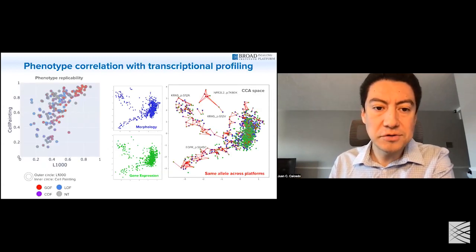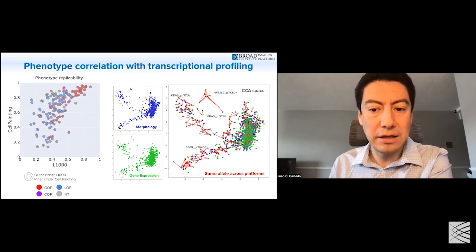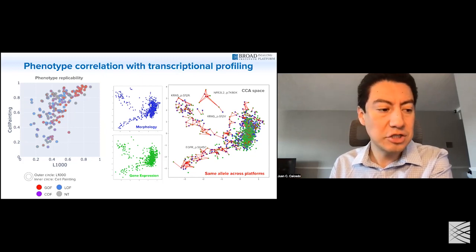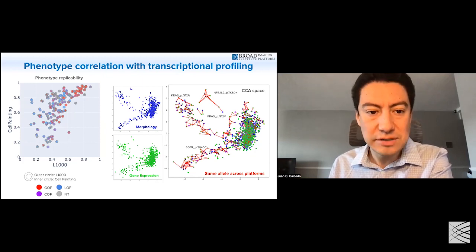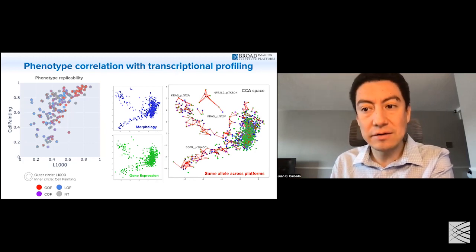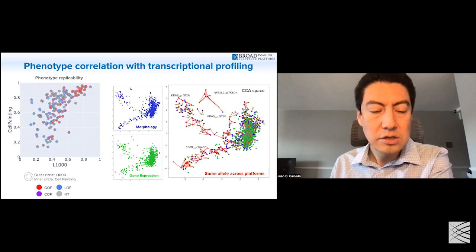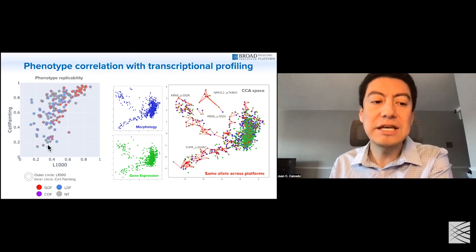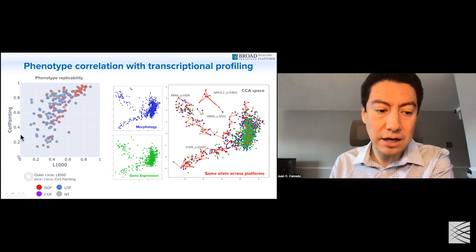We also measure the correlation of the signal that you get with cell painting with respect to transcriptional profiling. For a subset of the genes and variants used for this study, we also had L1000 data from the previous study run at the cancer program. So we looked at how much signal we get for the variants using the cell painting assay in the y-axis of the plot.